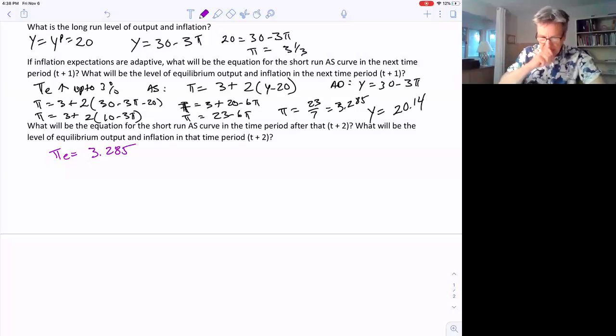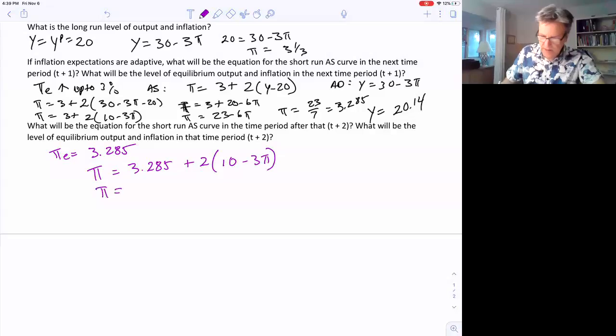So our aggregate supply curve here, we can solve for this. It's 3.285 plus 2 times, putting in the demand curve, (10 minus 3 pi), and I get pi equals 3.285 plus 20 minus 6 pi. Pi equals 23.285 minus 6 pi.